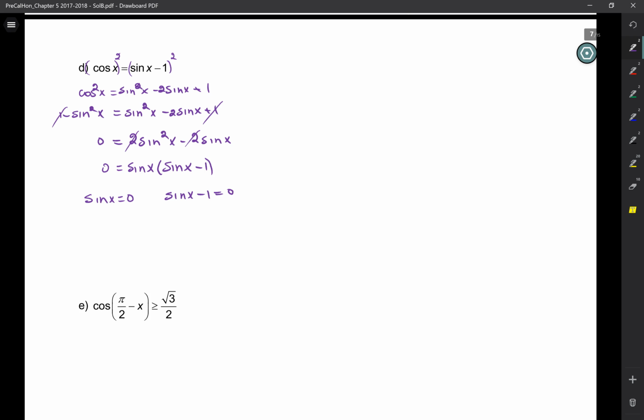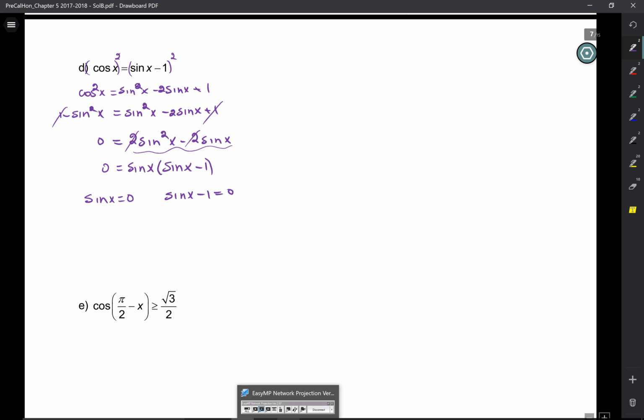I factored out a sine x from here. Where is sine of x equal to 0? At 0 and pi. Where is sine of x equal to 1? Just pi over 2.